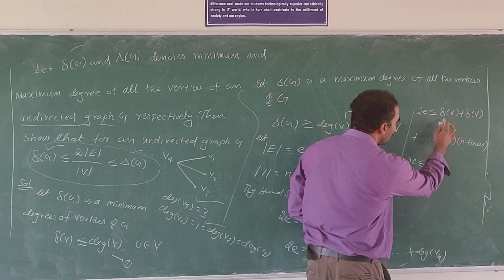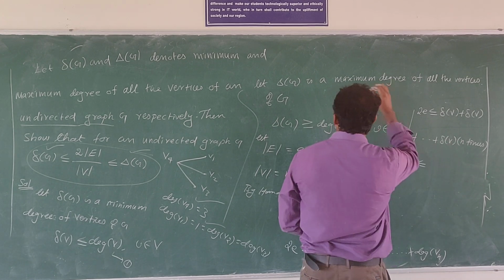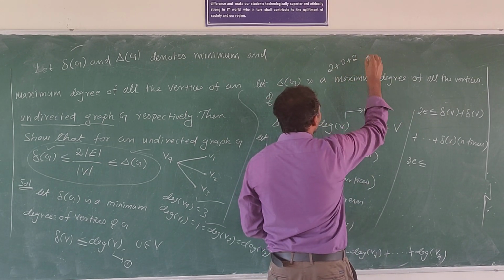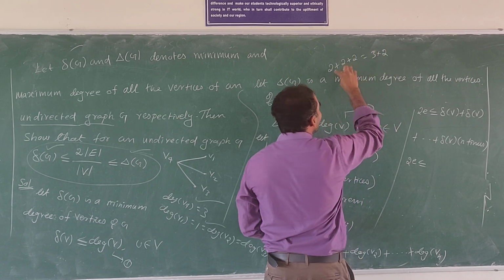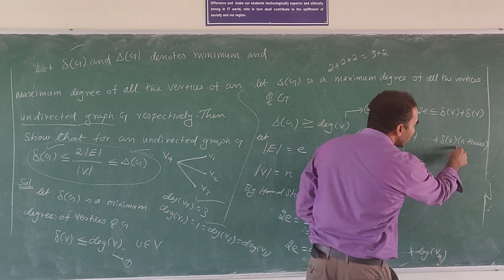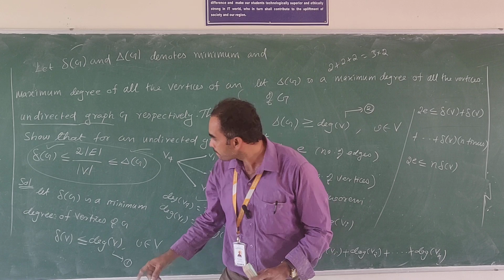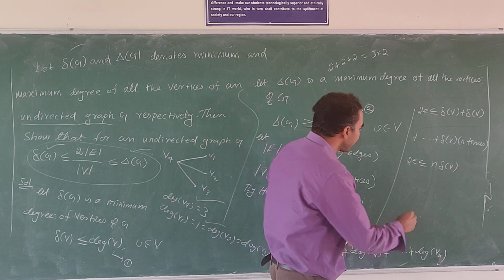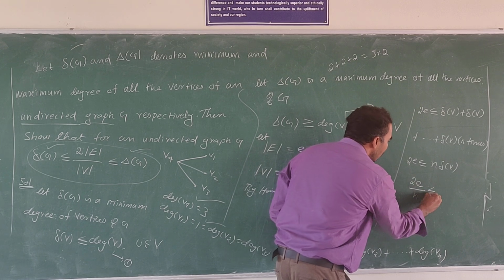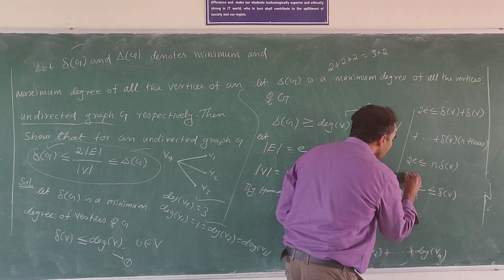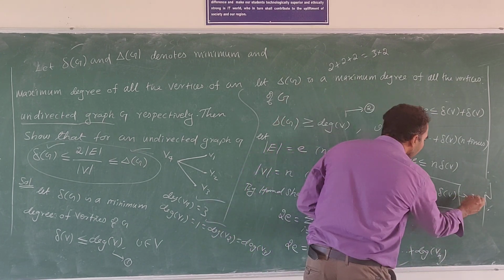Next, 2E is less than or equal to n times δ, because, as already explained, 2 plus 2 plus 2 can be written as 3 times 2. N times δ. Bring n to the denominator: 2E divided by n is less than or equal to δ.